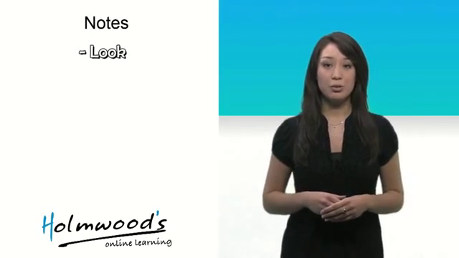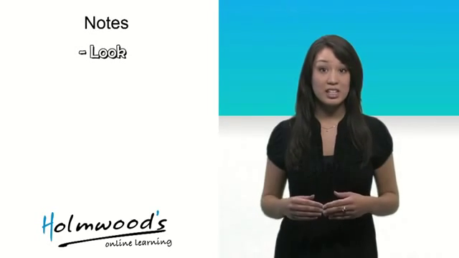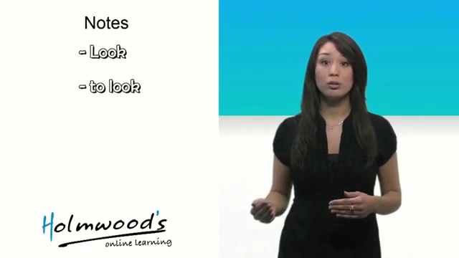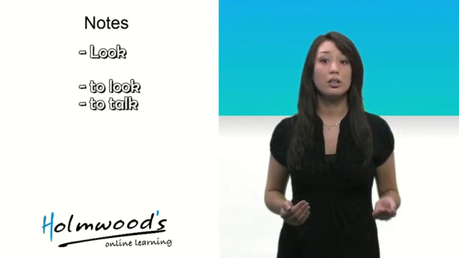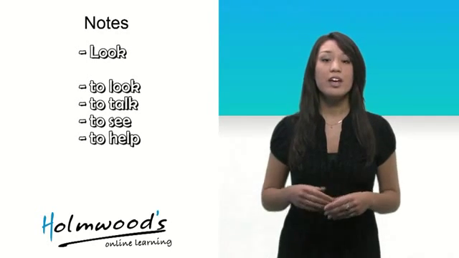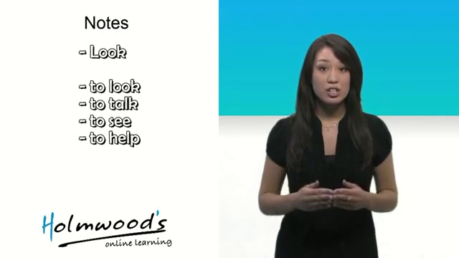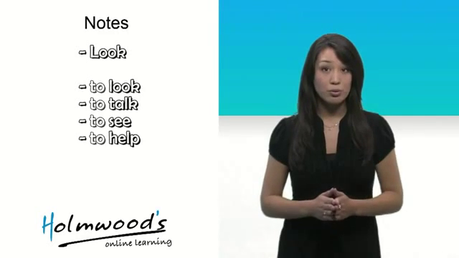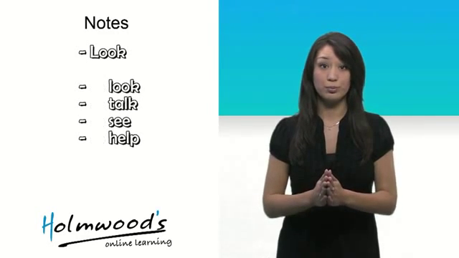Here is the verb look. In grammar books, we often see verbs written like this: to look, to talk, to see, to help. The infinitive is just the verb on its own without the to. Sometimes verbs have endings like s or ed.